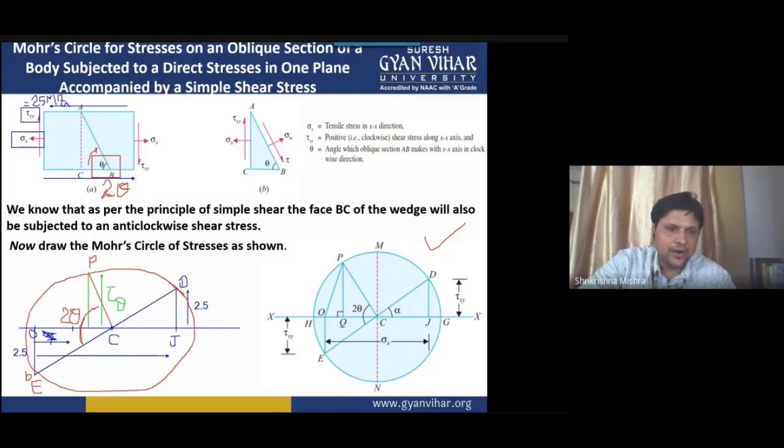Let's name this point Q. So this PQ, students, will give you tau theta, and this OQ, from here to here, you measure with the help of your scale, and whatever the length is, that will give you the value of sigma theta.